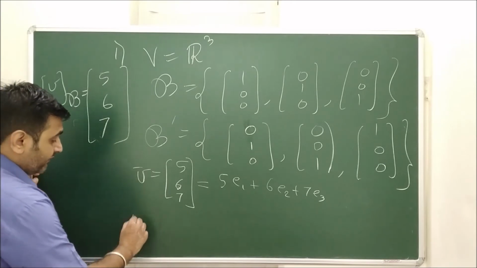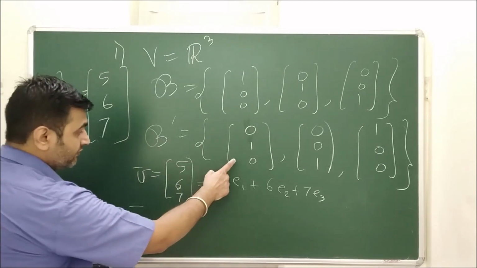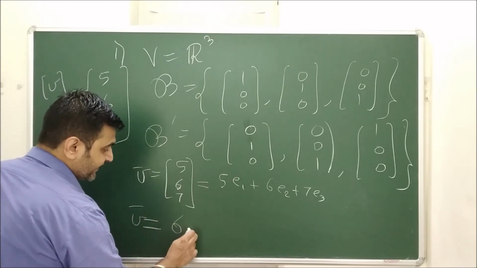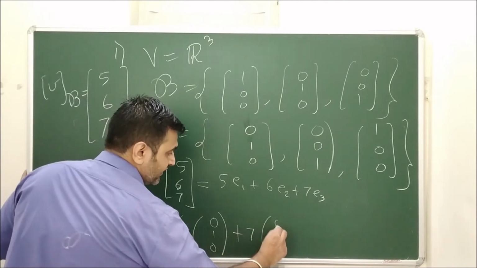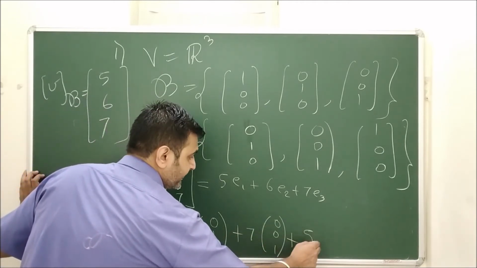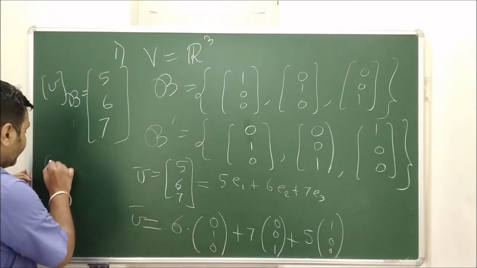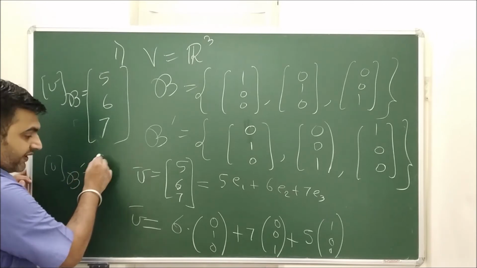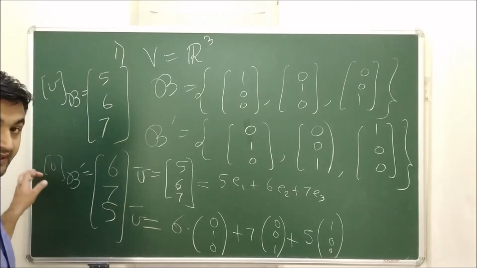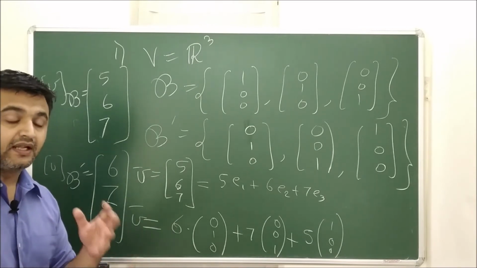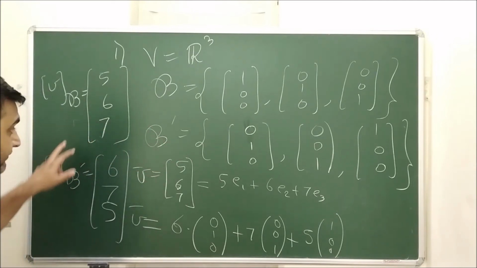But if I want to write V bar as a linear combination of vectors in B prime, it is 6 times the first vector 0, 1, 0 plus 7 times the second vector plus 5 times the third vector. So the coordinate vector of V with respect to B prime is 6, 7, 5. And that's why I was stressing that the order is important. Once you change the order, the coordinate vector will change.